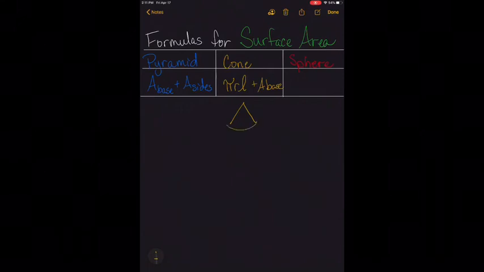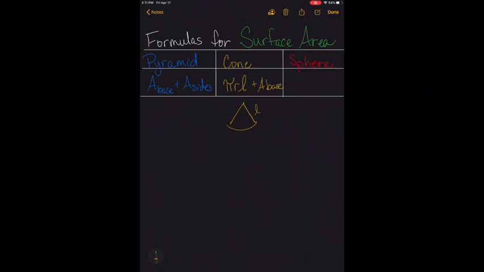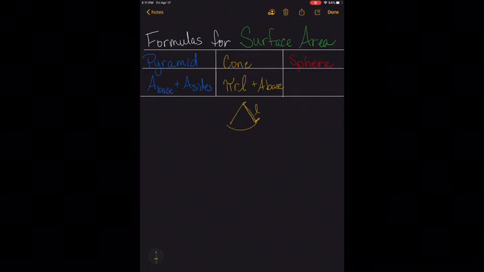Okay, so what L is, so this is our cone here. L is this slant length right there. That is L. And of course the base is this circle.